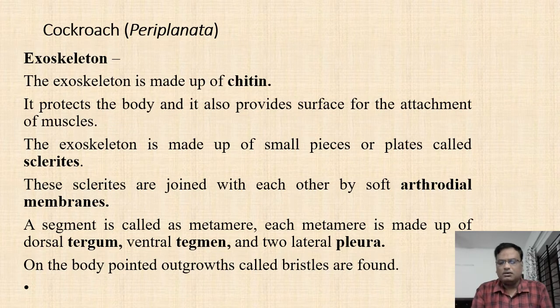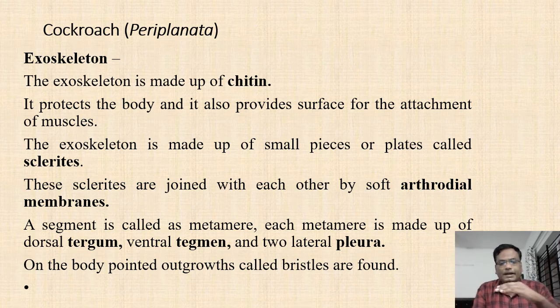And the arthropoda, they are segmented animals, the body is segmented, and each segment is called a metamere, and each metamere is made up of two sclerites.